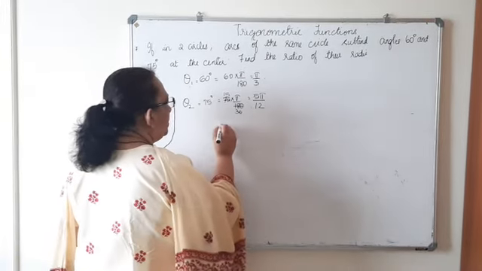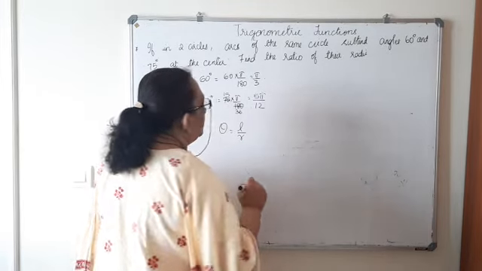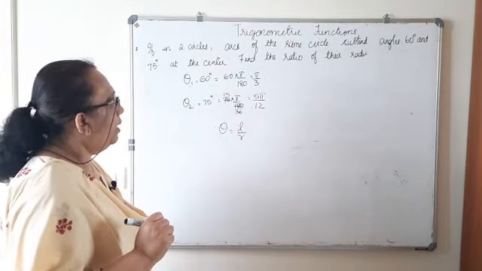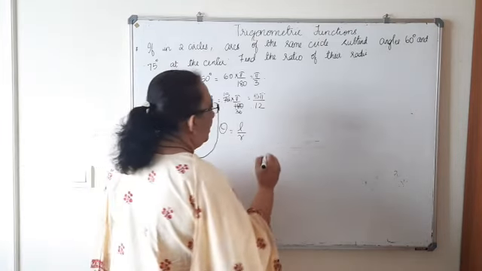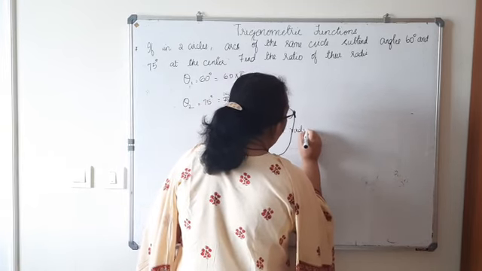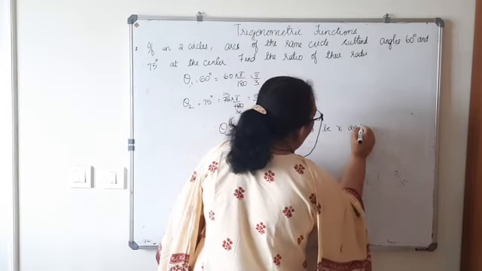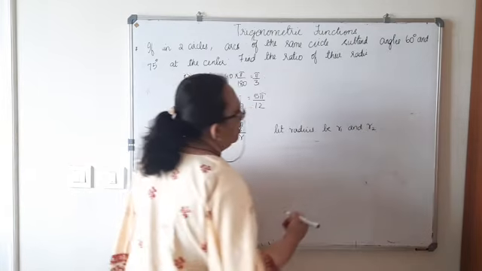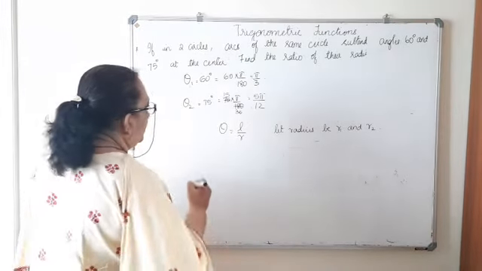The relationship between theta, L and R is that theta is equal to L by R. Now the question is, find the ratio of their radii. So let the radii be R1 and R2. We have to find the ratio of R1 and R2.